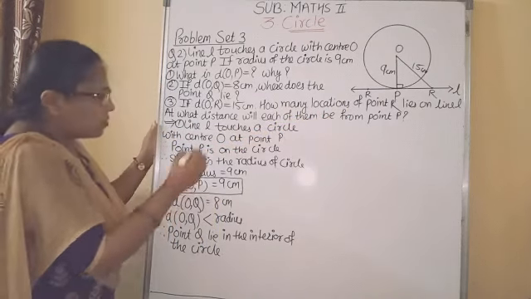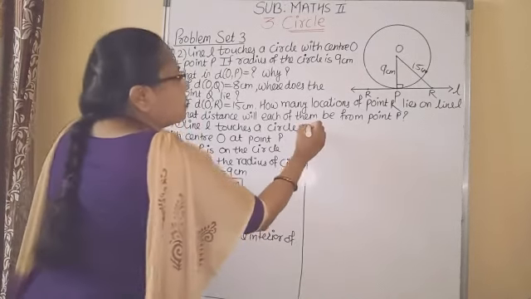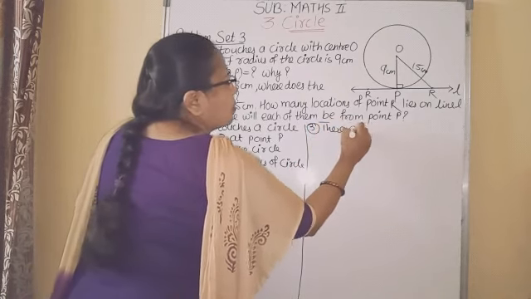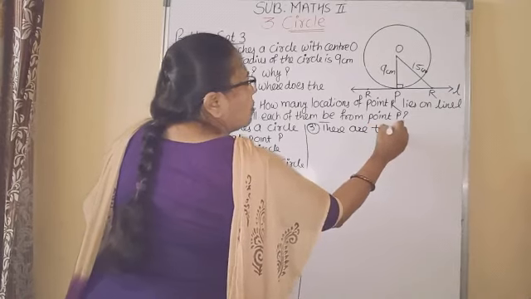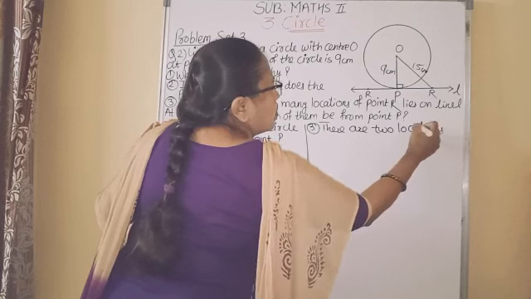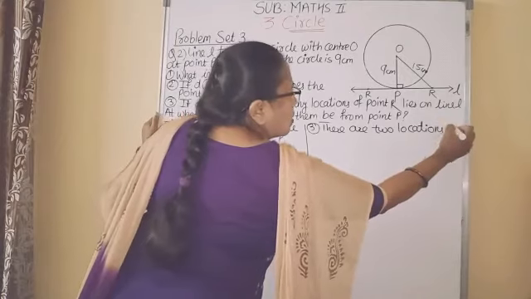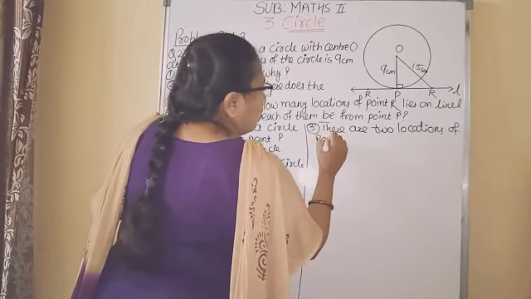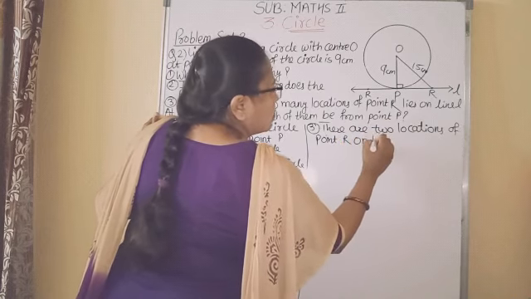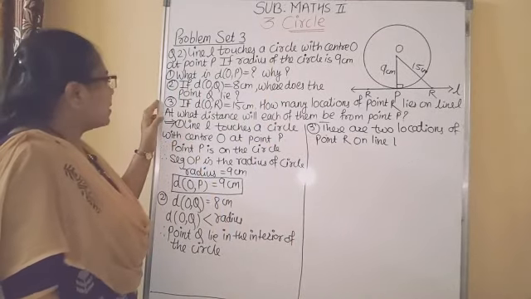Okay. So the answer of this third question, first we will write: there are two locations of point R on line L. Now we have to find the next answer.